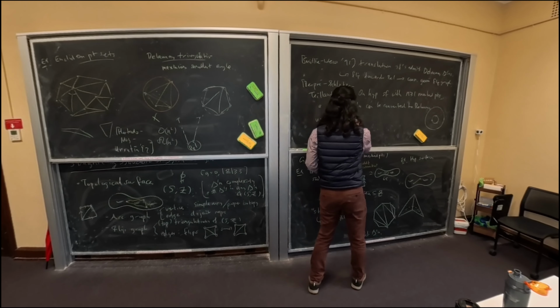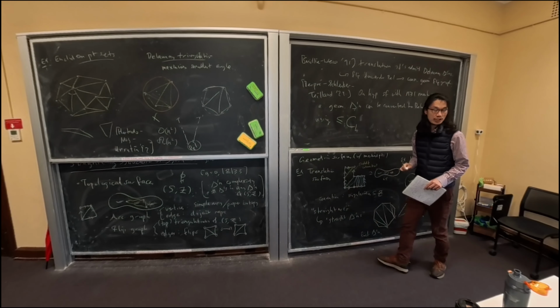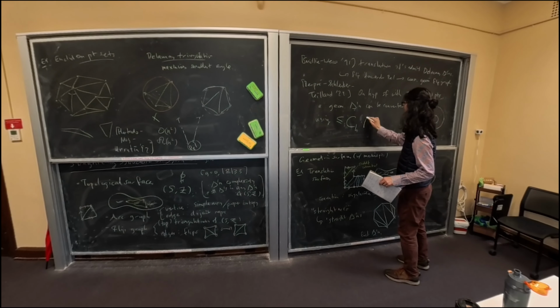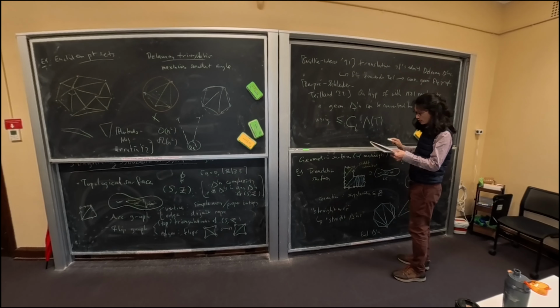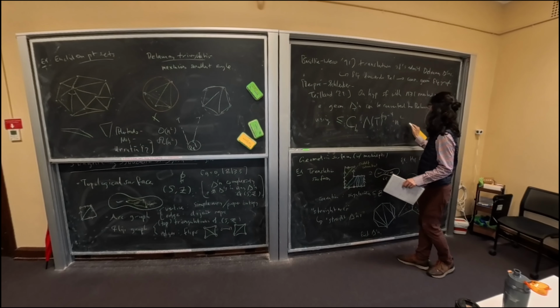There's a bound: some constant that depends on the hyperbolic metric times some constant depending on the given triangulation, so 6g minus 4 times n squared flips.